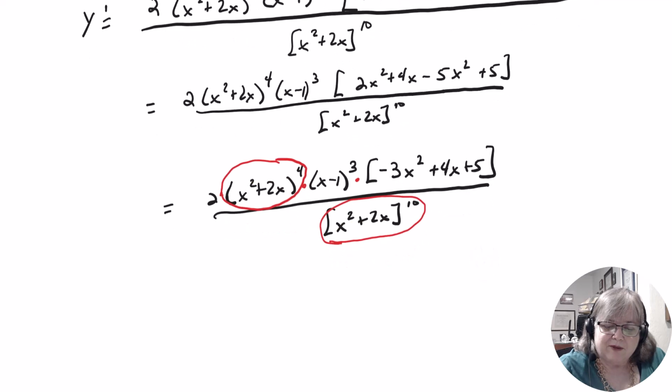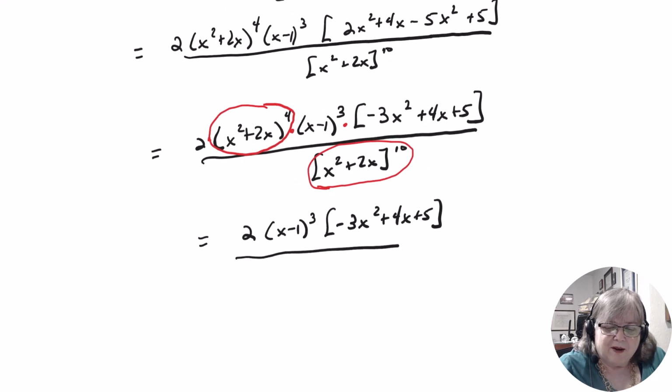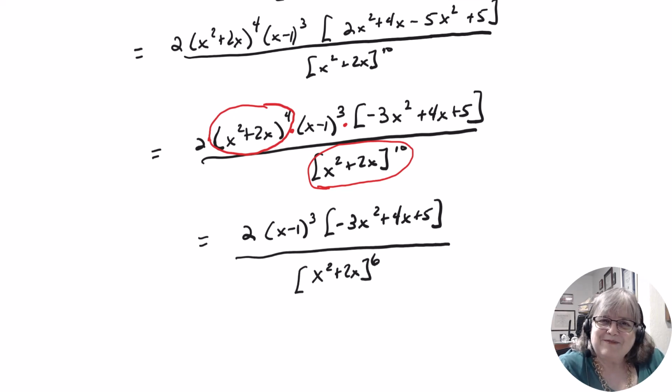These are factors, so they can cancel. And if you have 4 in the top and you take them out of the 10 in the bottom, you have this. And now you're done.